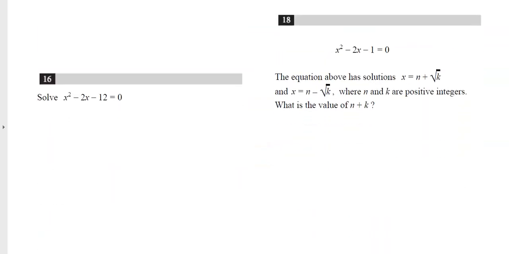Last problem, SAT style problem. Basically, we gotta get 2 answers, and we need to match up what we get inside and outside, and then they're gonna want us to add those together. So this is gonna be a quadratic formula. Can't factor it. So negative b plus or minus square root of b squared minus 4 times a times c.